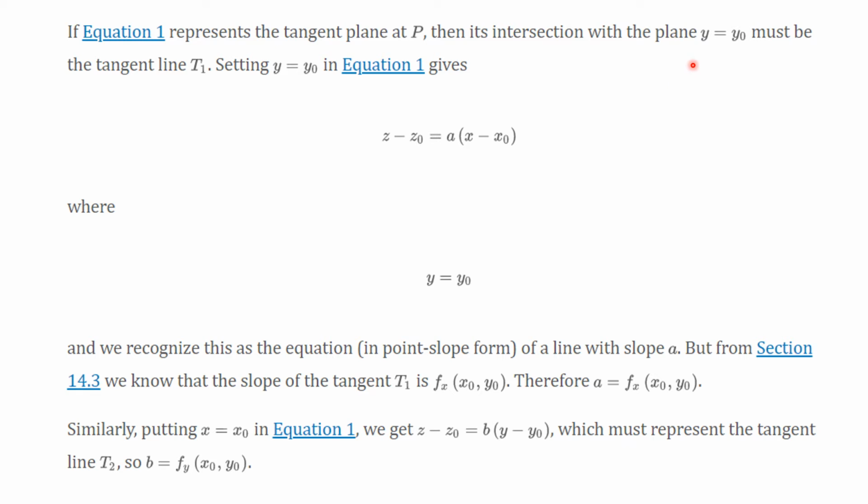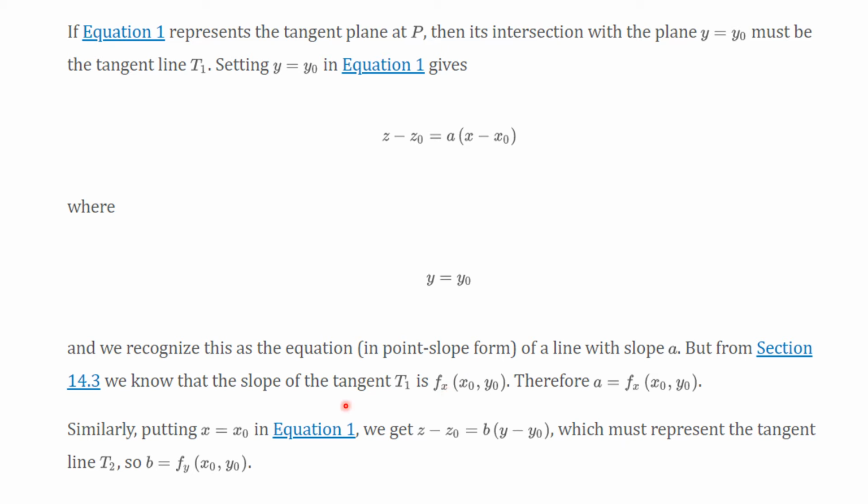Now, suppose we look at the intersection of the plane y equals y0 with this, and this is a tangent line called T1. When we do that, y is equal to y0, that term drops out, and we have z minus z0 is equal to a times x minus x0. But this equation right here is the equation of a line with slope a in point slope form.